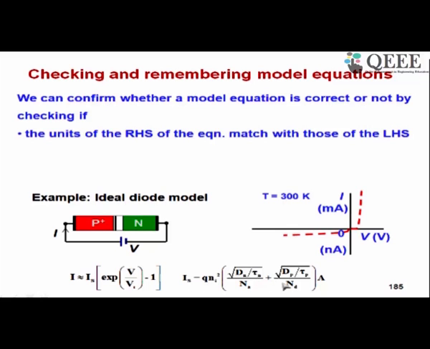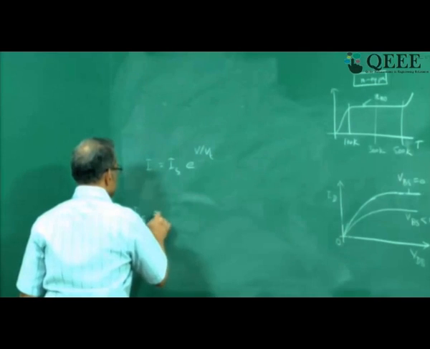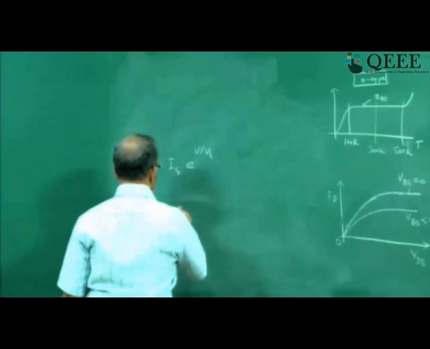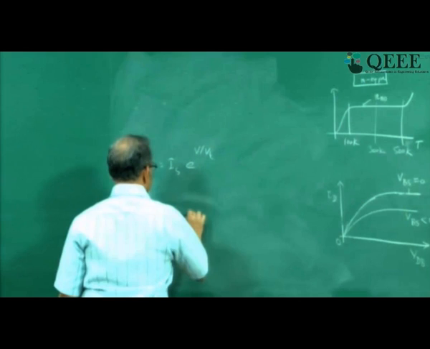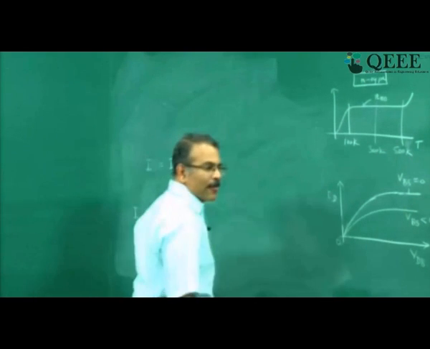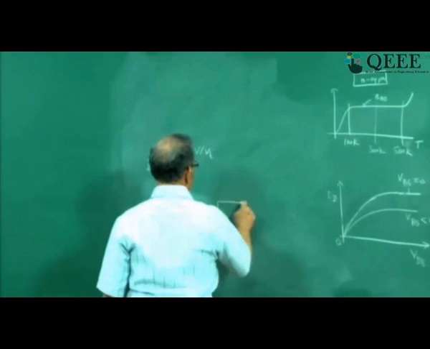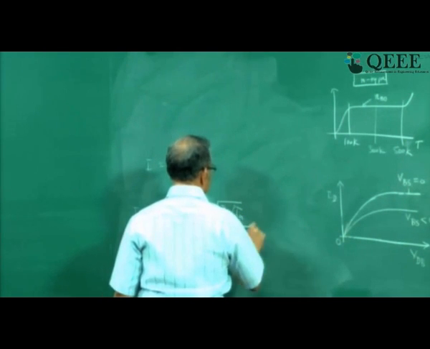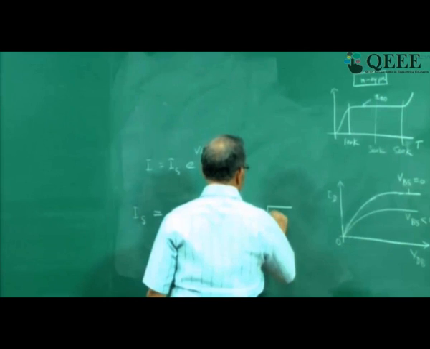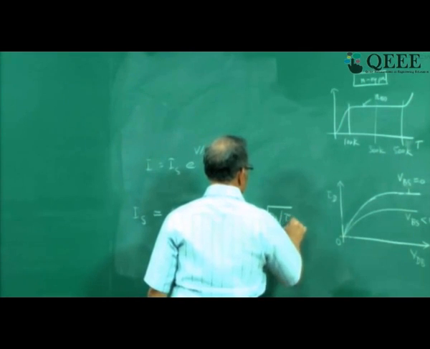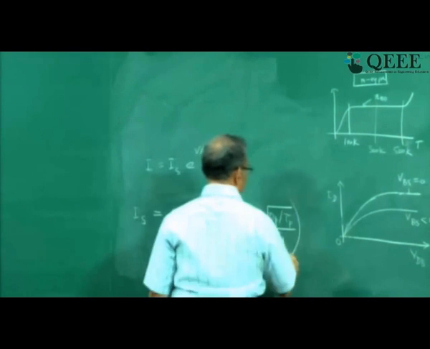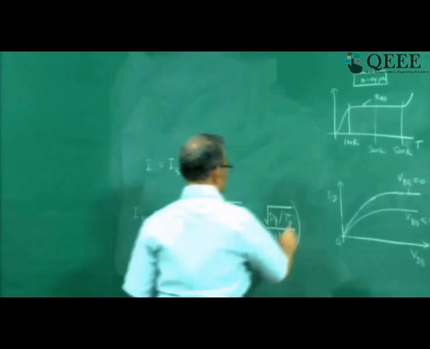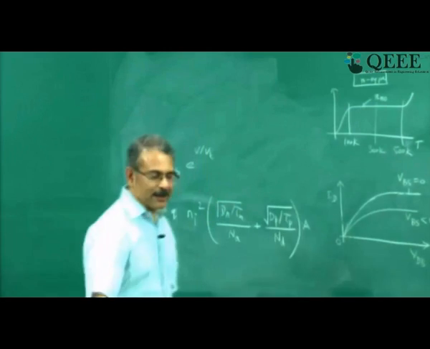Is is equal to Q into Ni square into square root of dn by tau n by Na plus square root of dp by tau p by Nd, into area. That is what we have written.